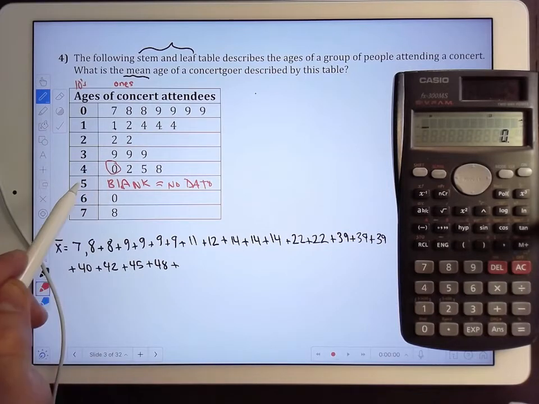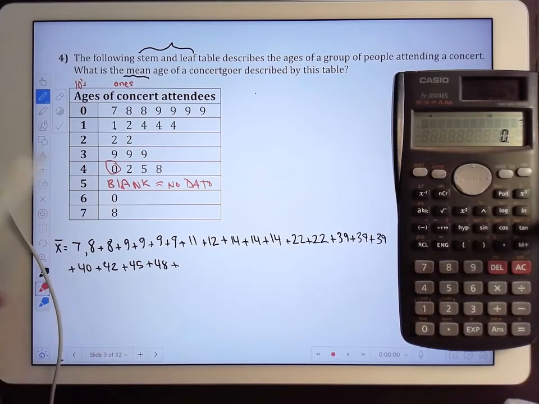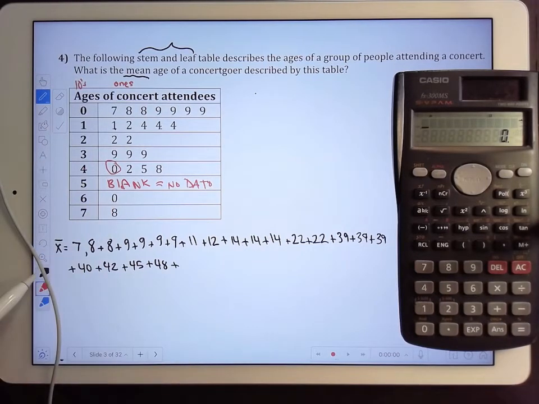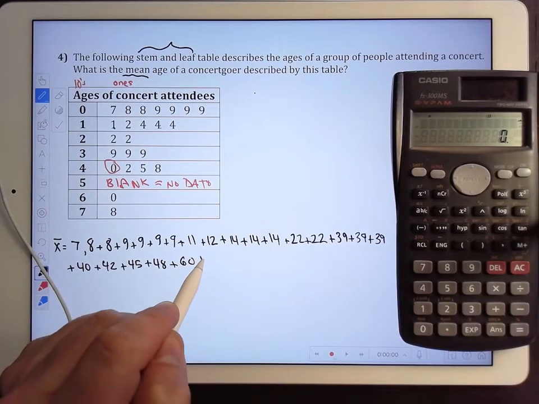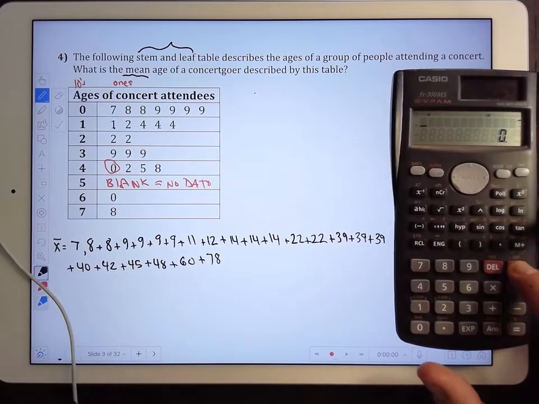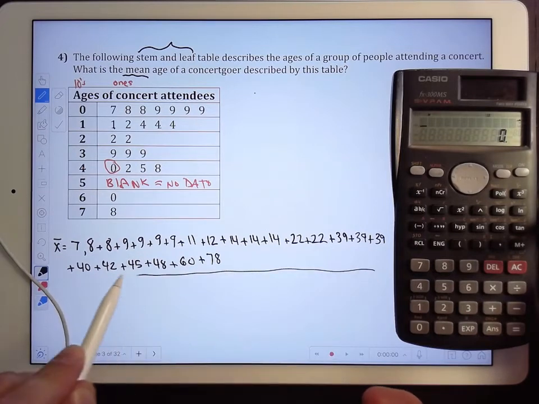But a blank, this question wants to tell you there's 5 decades, but there's no single year associated with it. That means there's no data in that blank. You don't count it. Over here, though, come down 1, I've got a 60-year-old. So 6, 0, and then 1 78-year-old at that concert. Good for them.